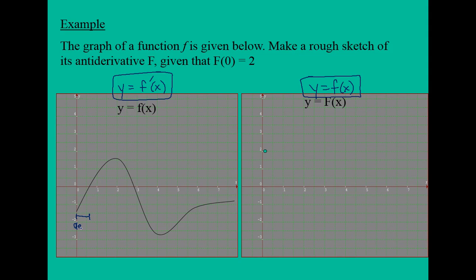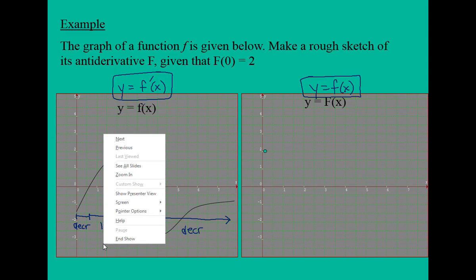So I know the function itself is decreasing on this interval. And then from 0.6 to about 2.8, we'll say, we could see that the function itself is increasing. And then from here on, since the derivative is negative, we know the function that we're trying to graph would be decreasing. So there's some information we can use in helping us graph the antiderivative.